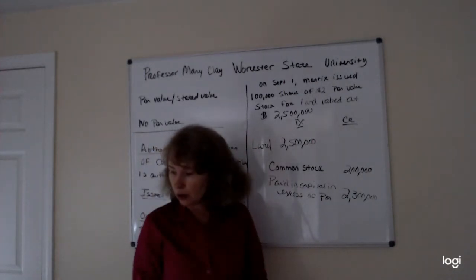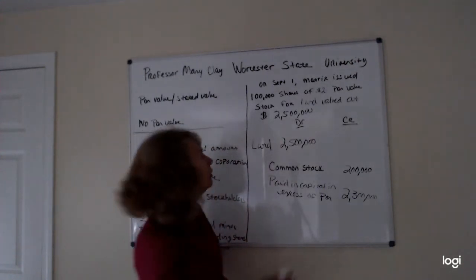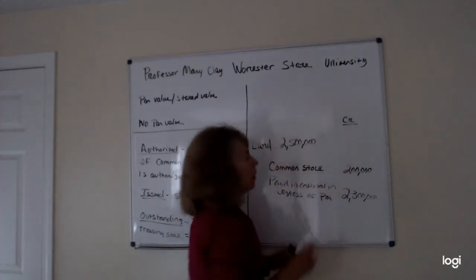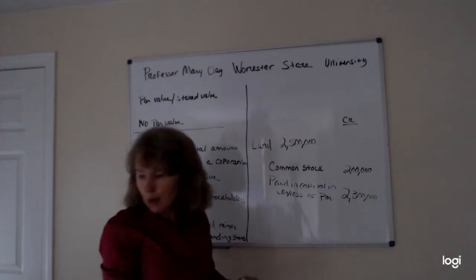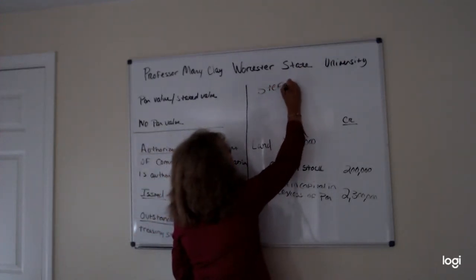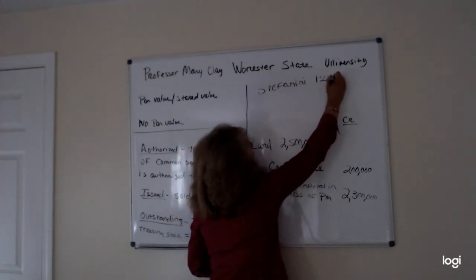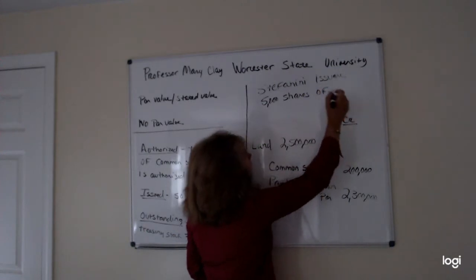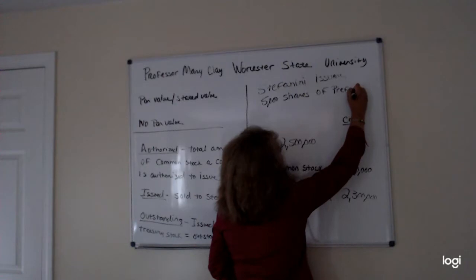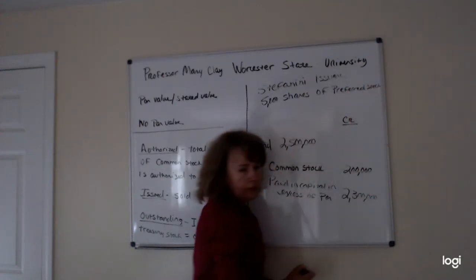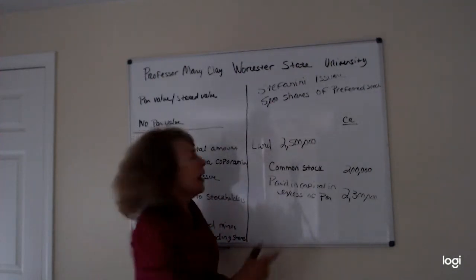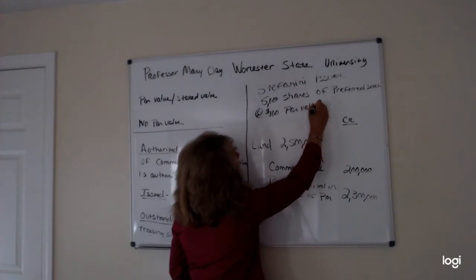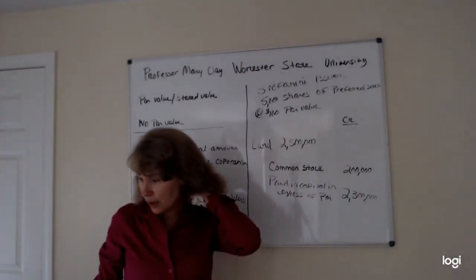So in the example that I gave you, it says prepare the journal entry for Stefanini's company issuance of 5,000 shares of preferred stock at $100 par value, 6% cumulative preferred stock.